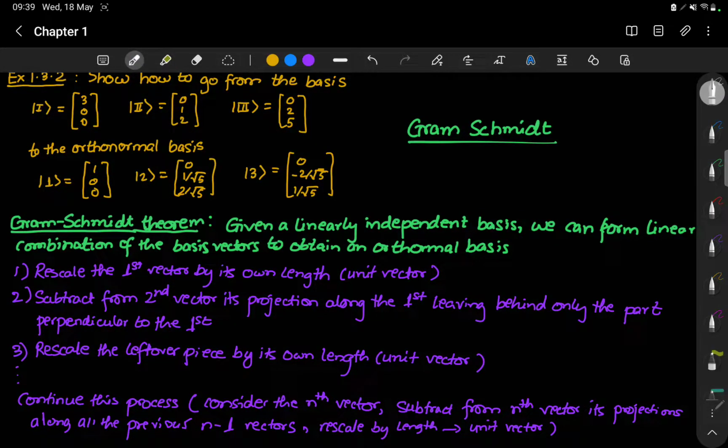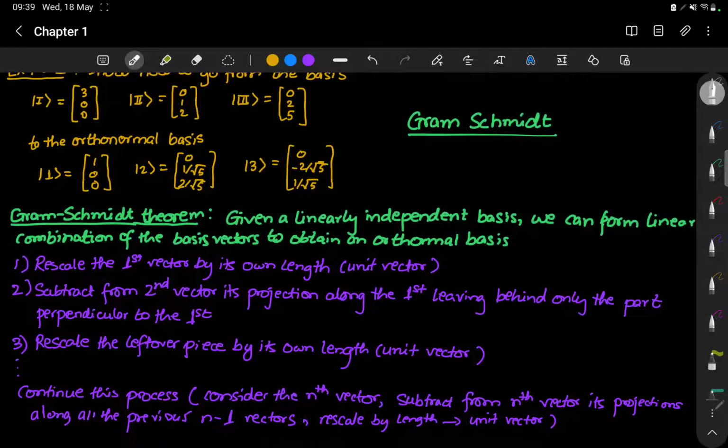Let us come back to this question. So in this question, we are given these three vectors. Now, as we saw in the last video, starting from different vectors as our choice for the first vector, we can come to different sets of orthonormal basis vectors. So this Gram-Schmidt process does not give us a unique set of orthonormal basis vectors.